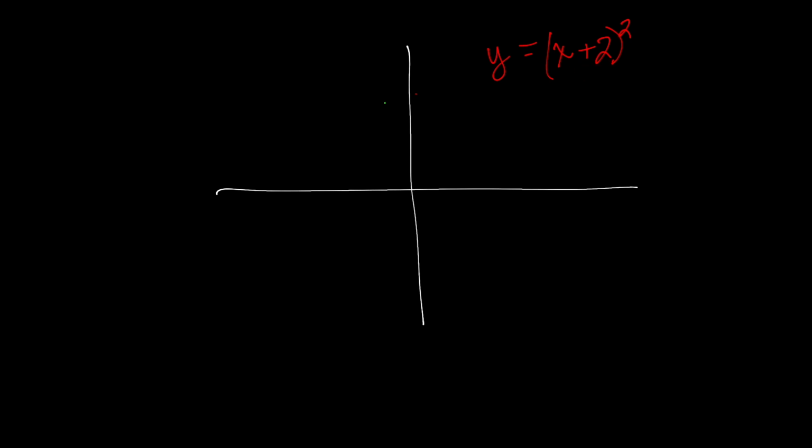This plus 2 tells me that I'm going to take the parent function that was right here and move it to the left by 2 units. So I'll write parent next to that. Then we're going to go 2 units to the left.